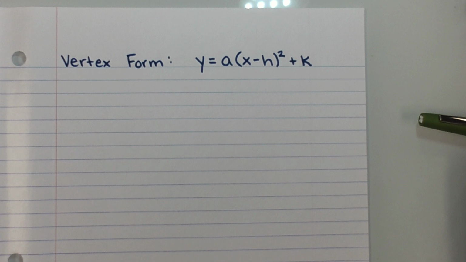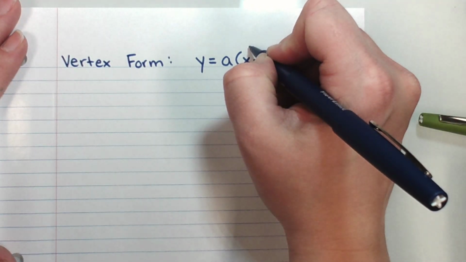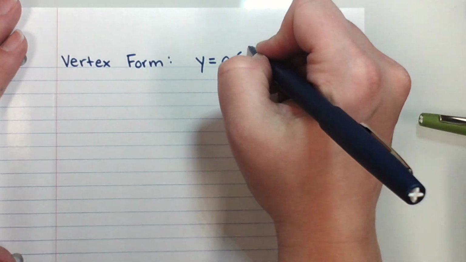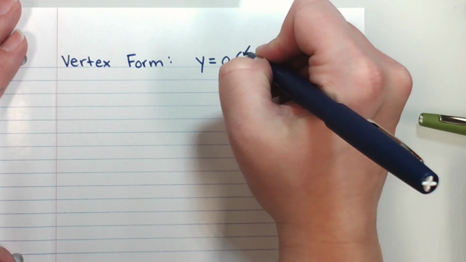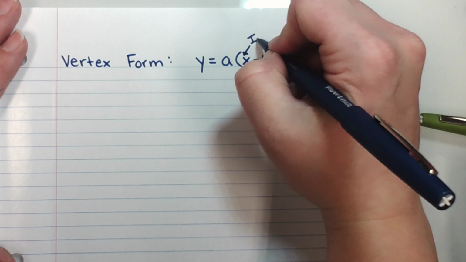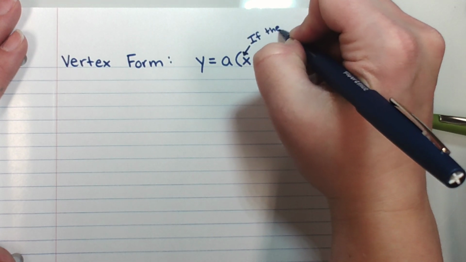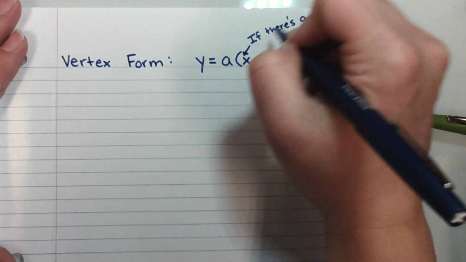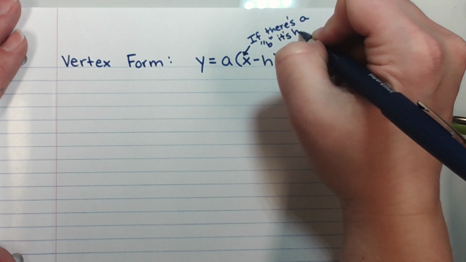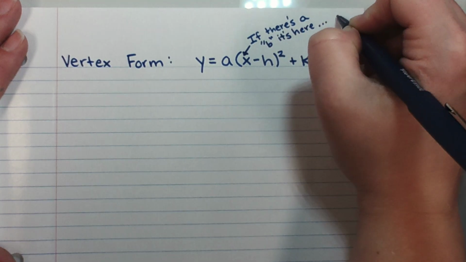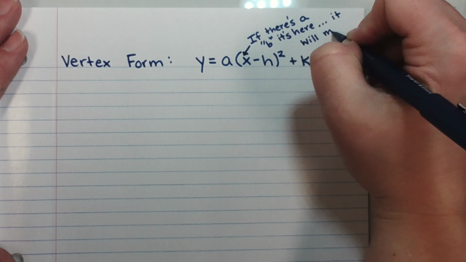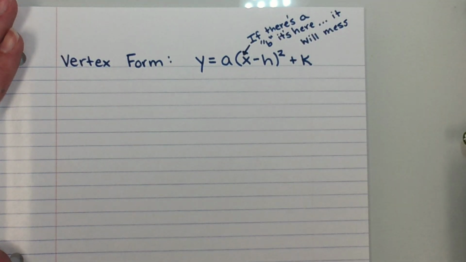Now, before I write anything about what this does, I'm also going to draw a little arrow right here, because that's where B would be. And I'm also going to write a little note.